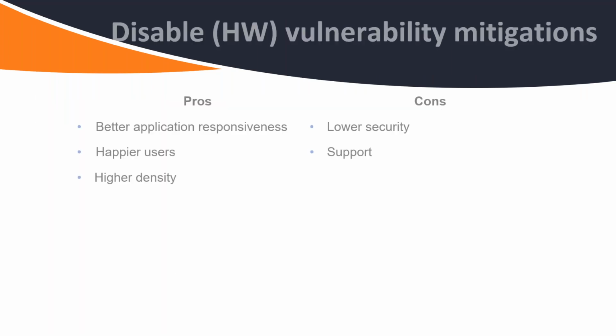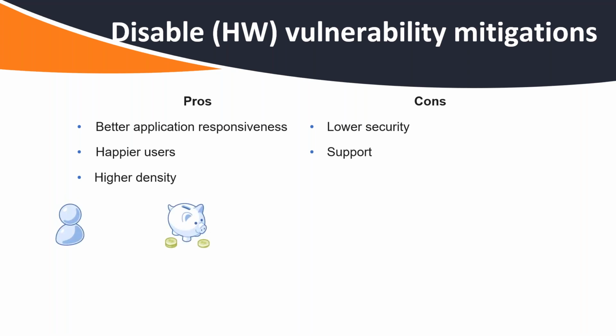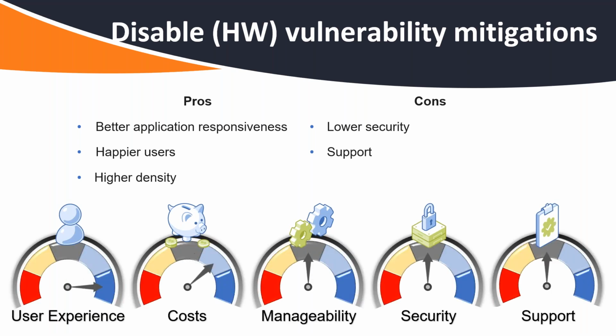So overall, if we look at these mitigations, the pros, if you disable them, are better application responsiveness. Obviously, your users will be happier, and you'll get higher density. Now, cons are lower security, and support might be an issue because you might be running in situations that are not supported.